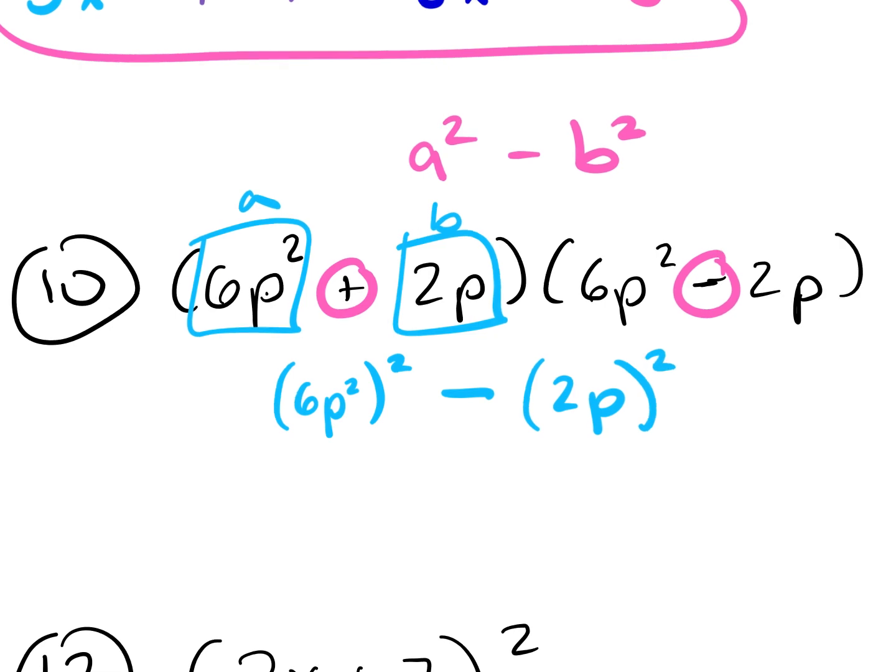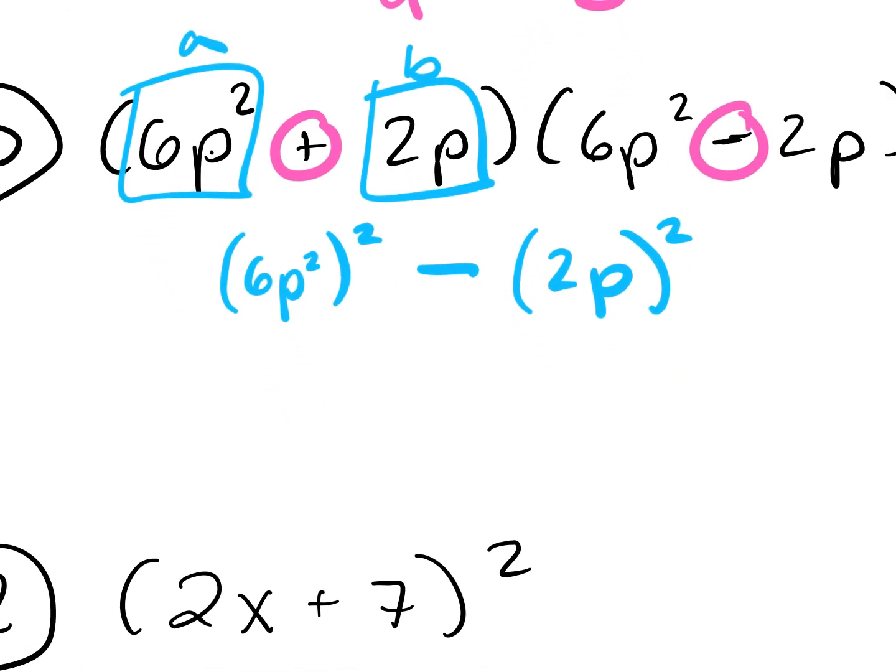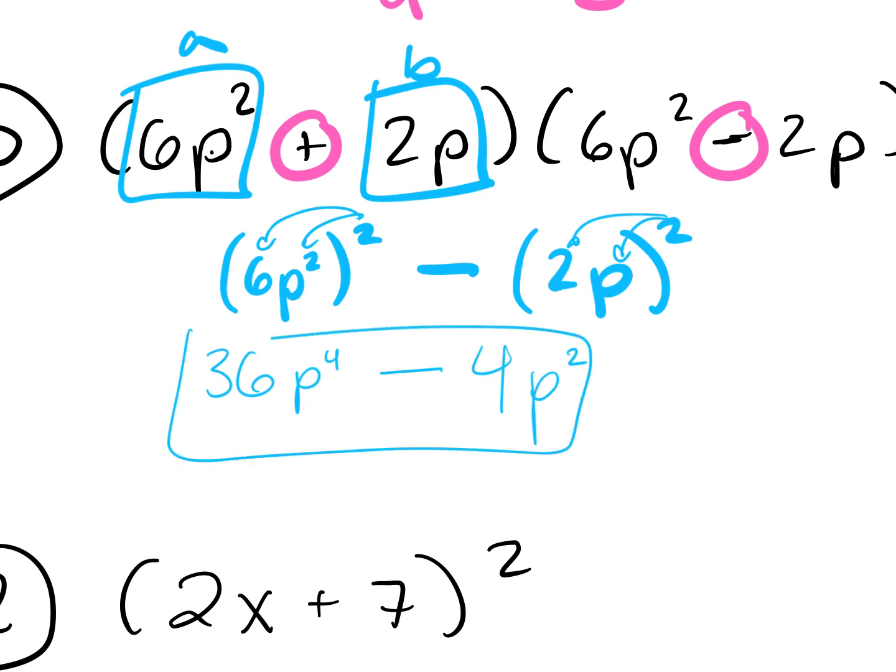Well, what's 6p squared squared? 36p to the fourth power. Awesome. The 6 gets squared and the p gets squared. Minus, what's 2p squared? 4p to the second power, perfect. Because the squared gets distributed to the 2 and the p. So this would be our answer.